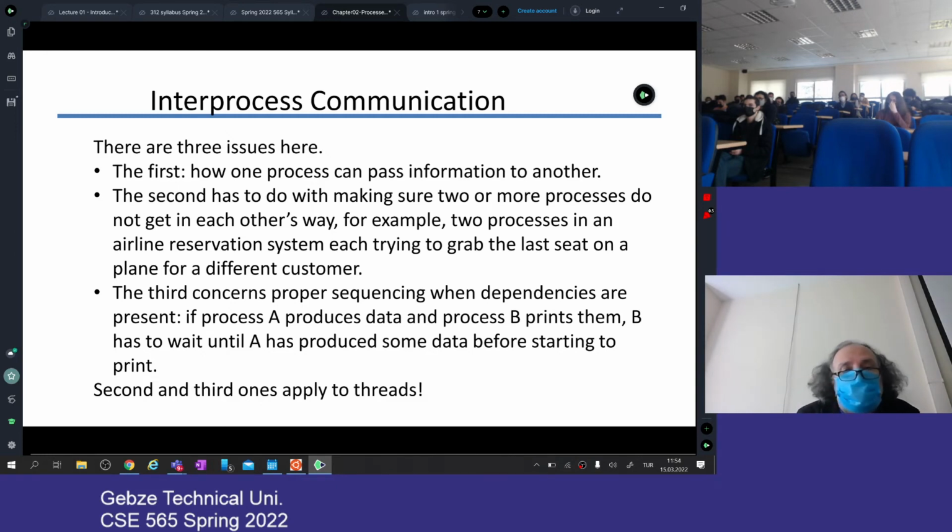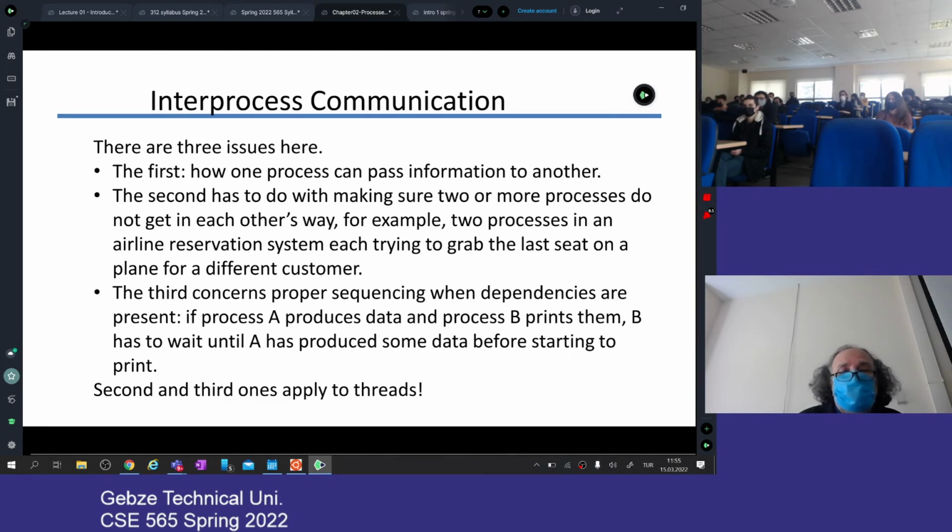Like the ls program: it produces the list of the directory, and WC has to wait for its output. WC cannot say, okay, I am done, I didn't see anything, 0 lines, because ls did not finish yet. That's called proper sequencing. I have to wait until the data is ready.